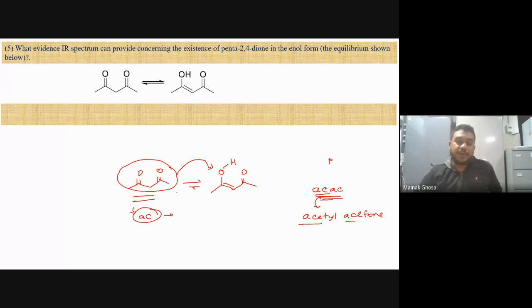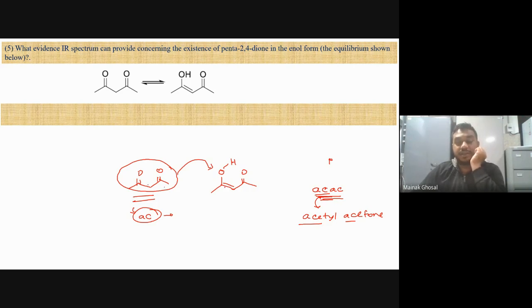If you have read tautomerism, you will be able to tell me which side this arrow will be bigger and which side it will be smaller. Understand my question? This acetyl acetone in general will exist in which of these forms, this form or this form?